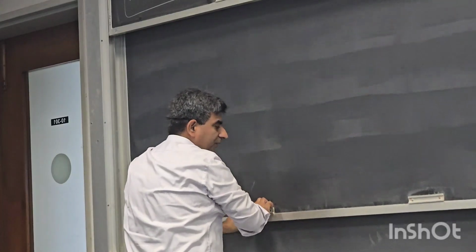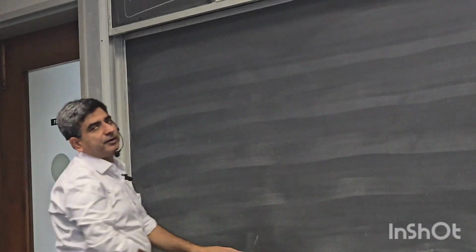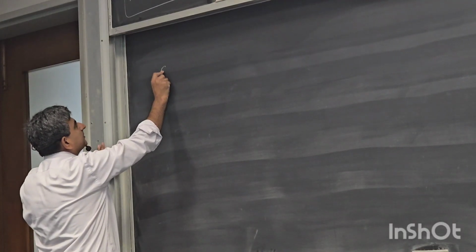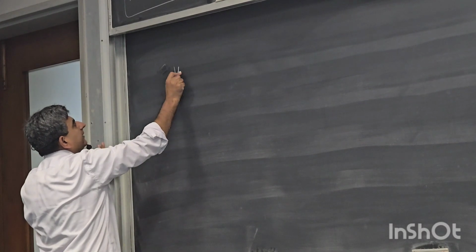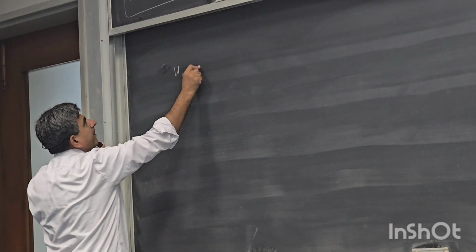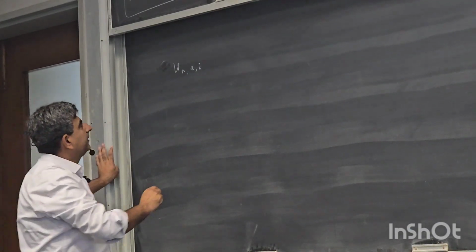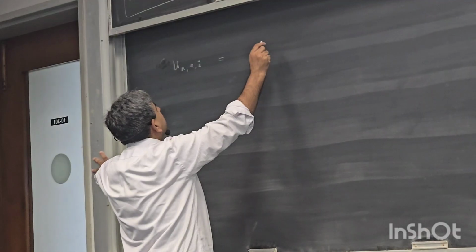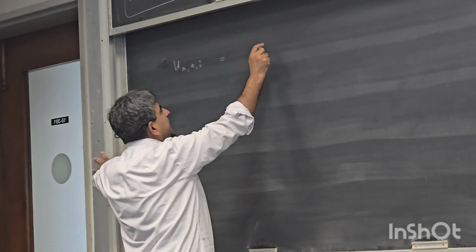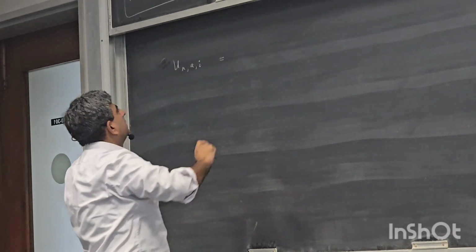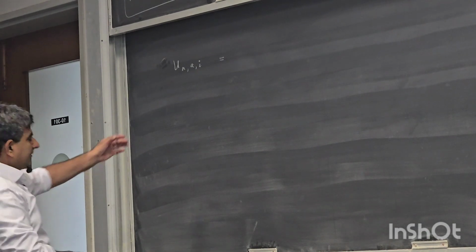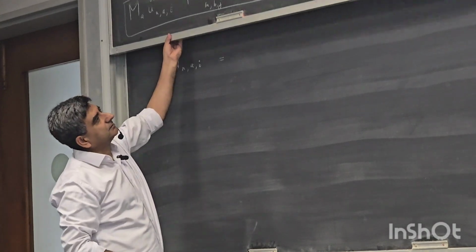So in order to solve this equation, what I could do, I could propose an ansatz. That ansatz is, so suppose my s_nai is given by some amplitude. Sorry, I'm so sorry.